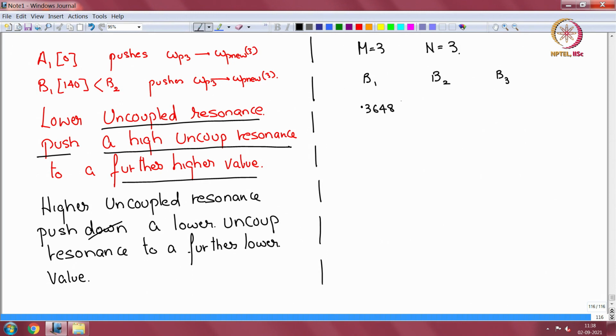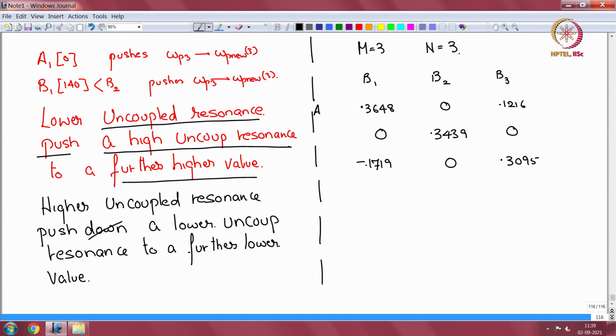0.3648, 0, 0.1216, and you have 0, 0.3439, 0, and then minus 0.1719, 0, 0.3095.